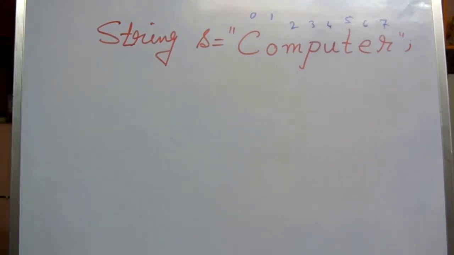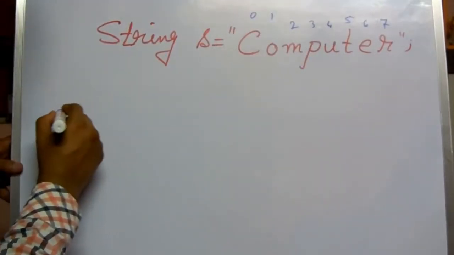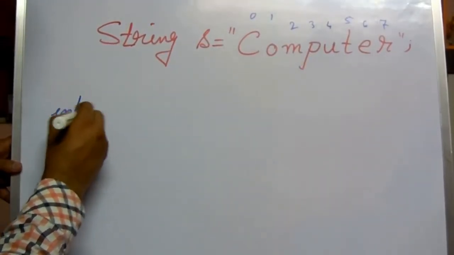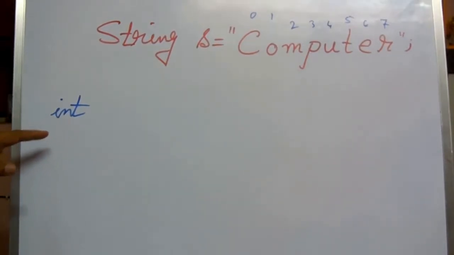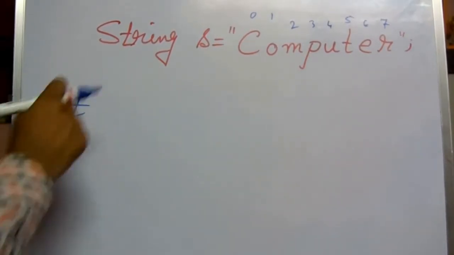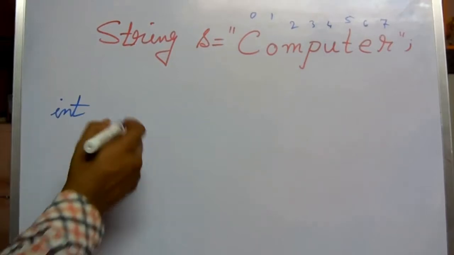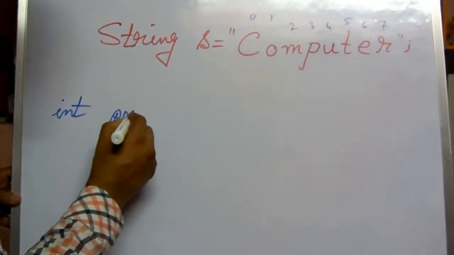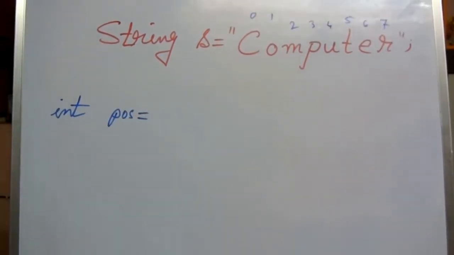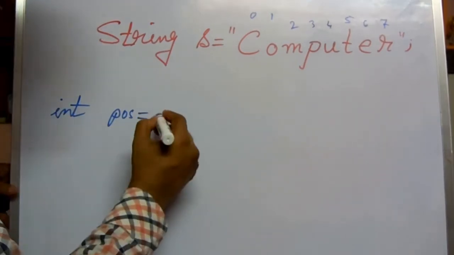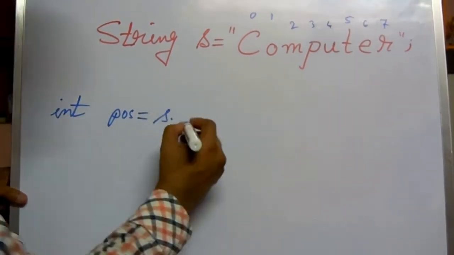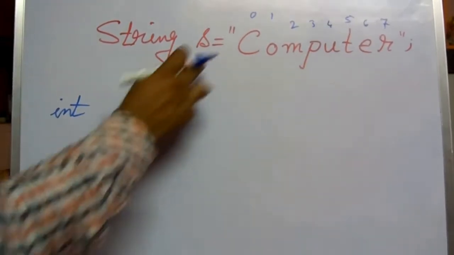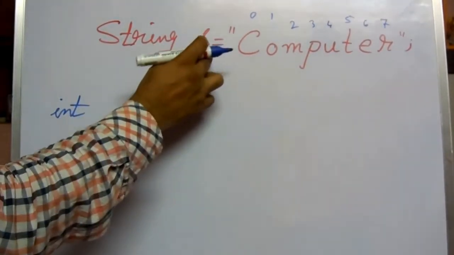Now if we apply the indexOf operator, the complete statement will be like this: int, because it returns an integer, then you use one variable. I am taking pos, indicating the position. So int pos equals s dot, where s is the object of the string class, or string type variable.